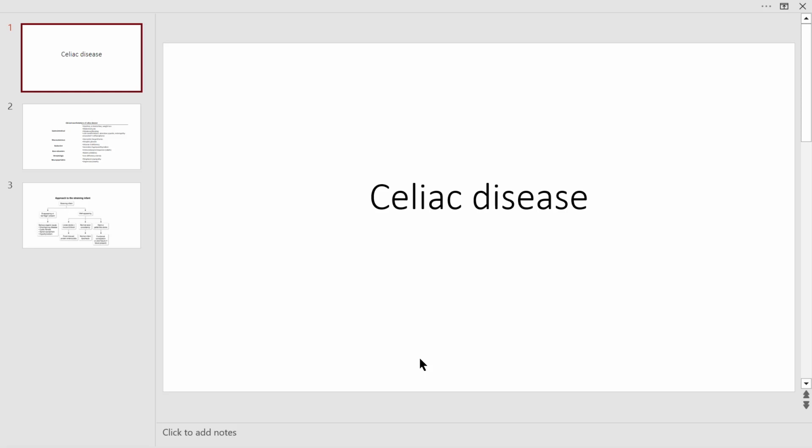If we get two out of these three, then we can easily say that this is a case of celiac disease. We can do a small intestinal biopsy, a small bowel biopsy, to confirm there is atrophy of the villi.